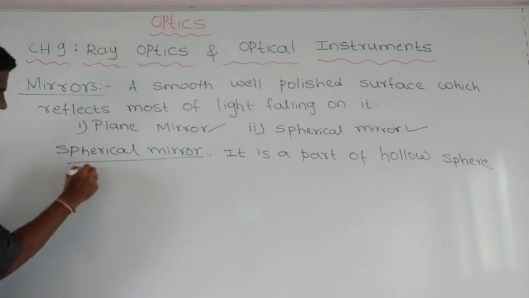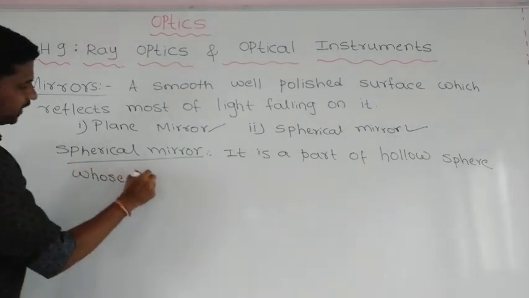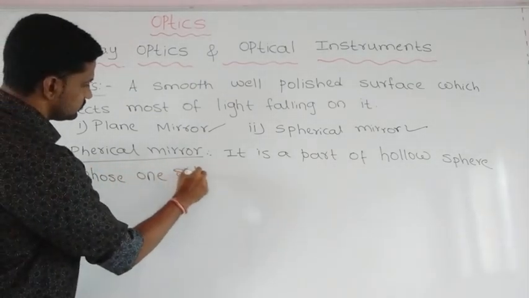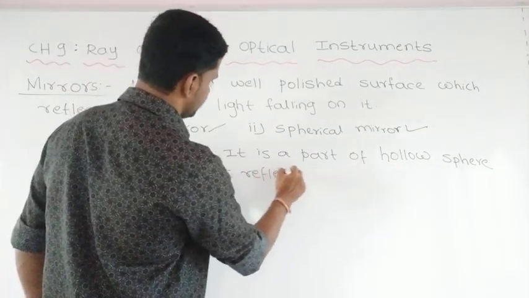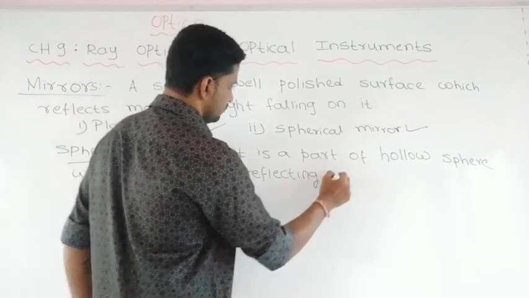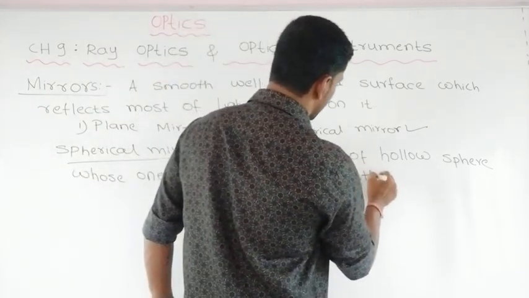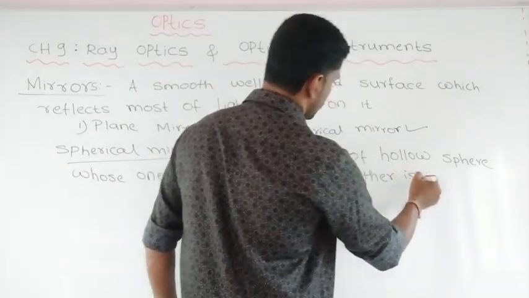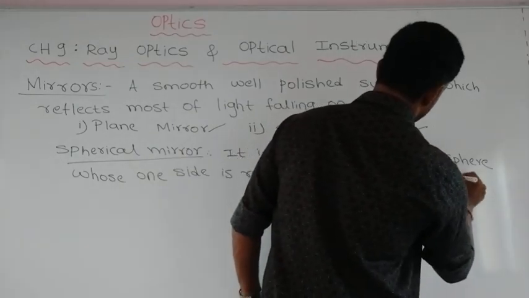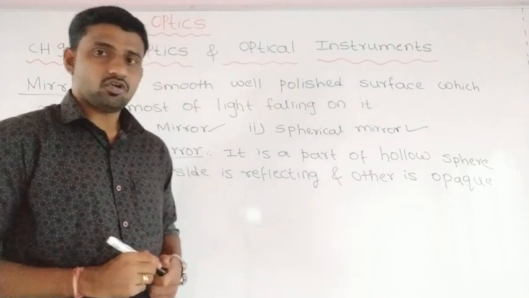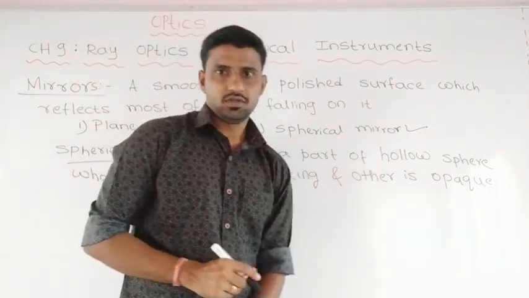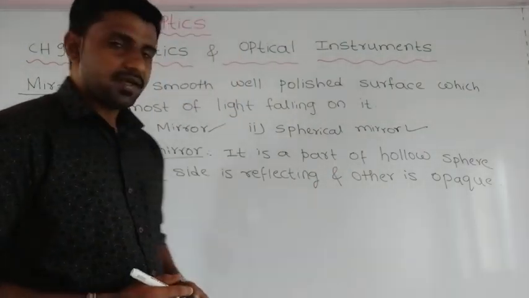Opaque means it is a non-reflecting surface. So that is called a spherical mirror.